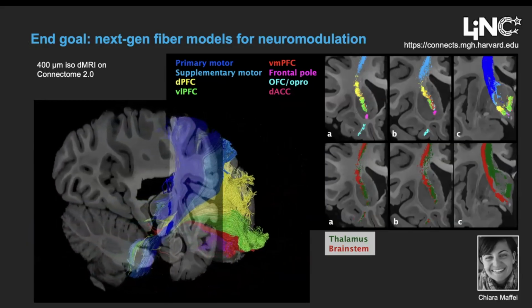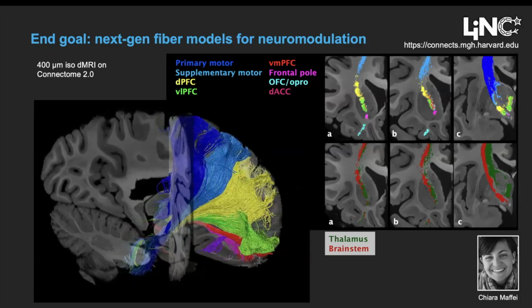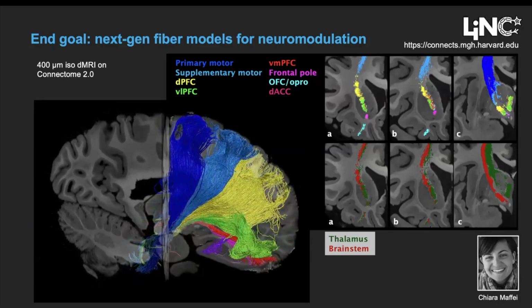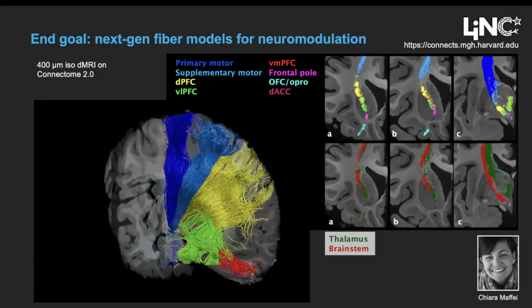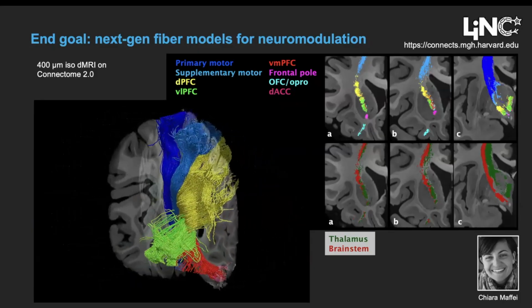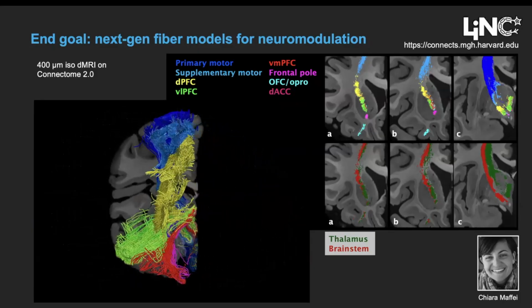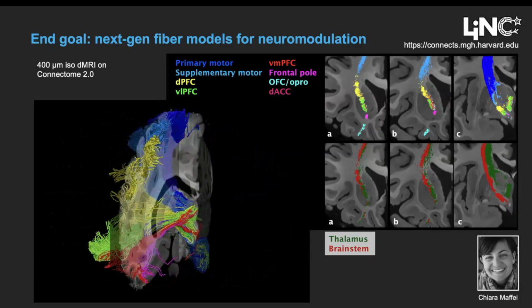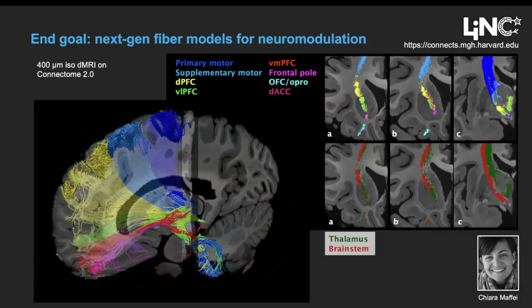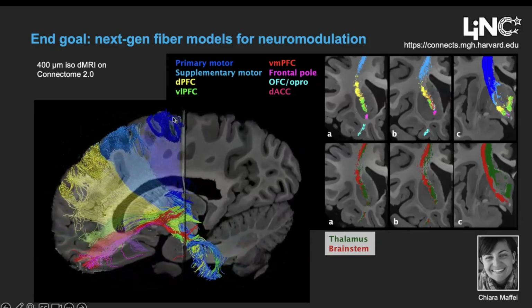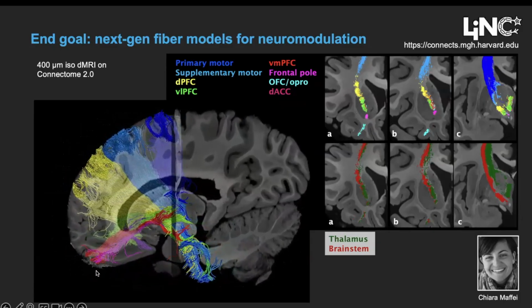So this is an example, just to give you a taste, of the first iteration of this cortico-subcortical tract atlas that Chiara has been developing using those beautiful 400 micron isotropic diffusion MRI data sets that we're collecting on the Connectome 2 scanner. And the colors here are based on the cortical origin of the fibers.